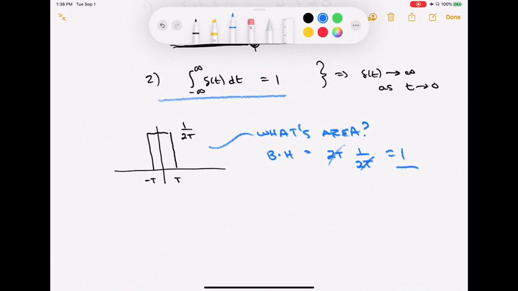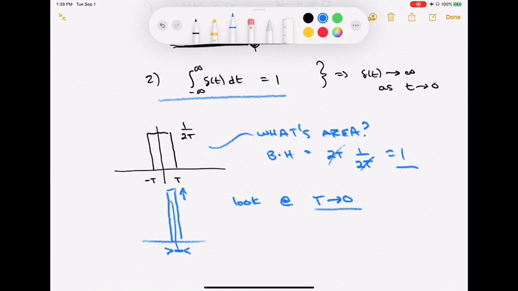What am I going to do next? I'm going to look at the case when T goes to 0. So as T goes to 0, what happens to this guy? It gets narrower and narrower, but then its height has to get taller and taller. As I start squeezing its width smaller and smaller, the height has to get bigger and bigger in compensation.